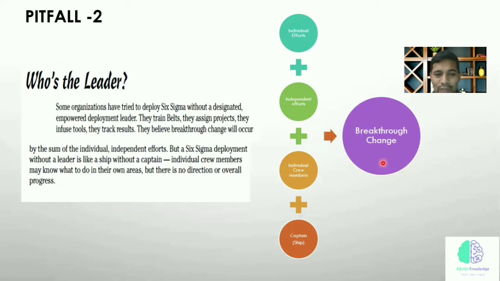Here it gives an example that a Six Sigma deployment without a leader is like a ship without a captain. The captain is the person who leads and runs the Six Sigma project. The best benefit of having a good leader is that we will be able to make breakthrough changes.